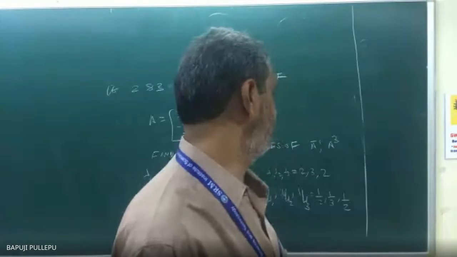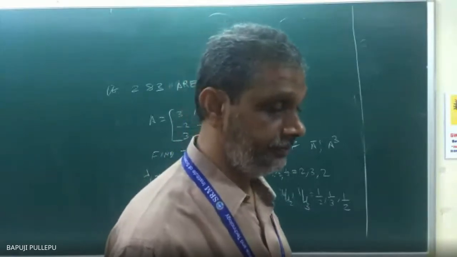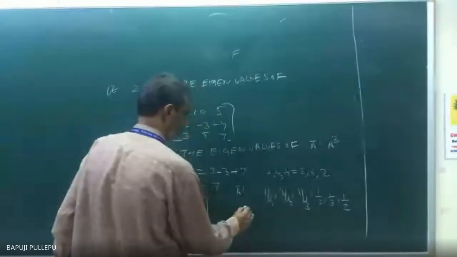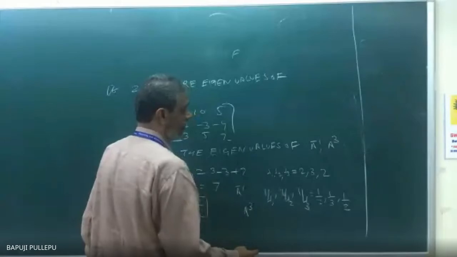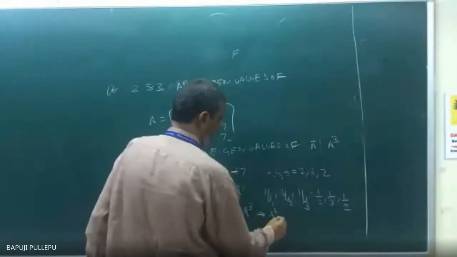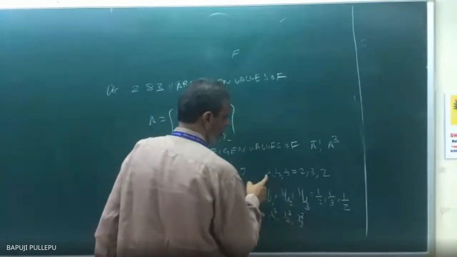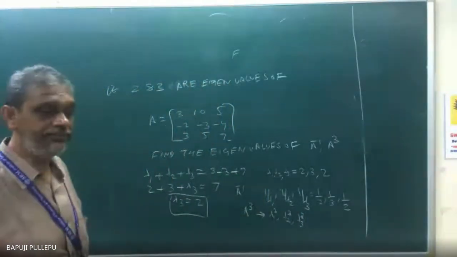Now, the eigenvalues of A cube are lambda 1 cube, lambda 2 cube, and lambda 3 cube, because these are the origin.